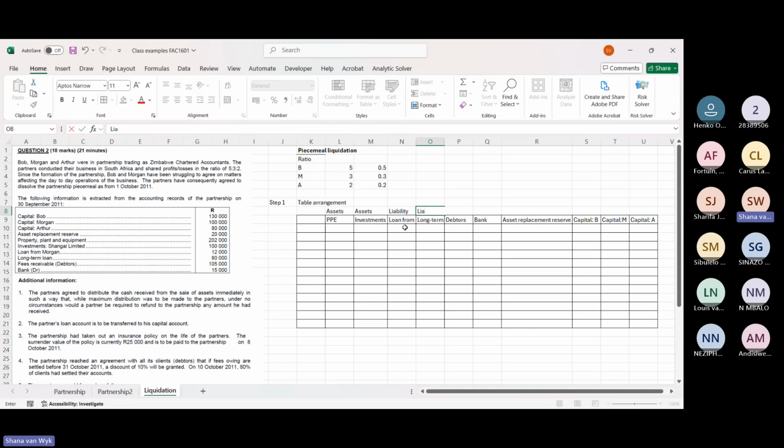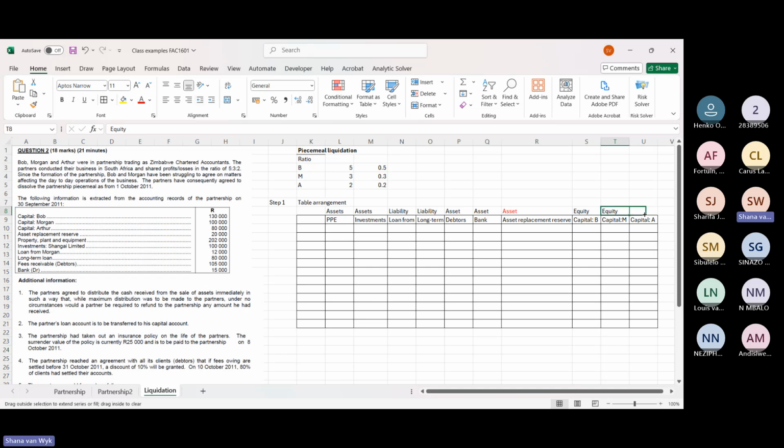Long-term loan, liability. Debtors, asset. Bank, asset. Asset replacement reserve, asset. I'm not quite sure about that one. Okay, let's mark this one. This is a weird one, I'm just going to make it red. There's a reason why I identify these, but it's not a train smash. Usually it helps me.